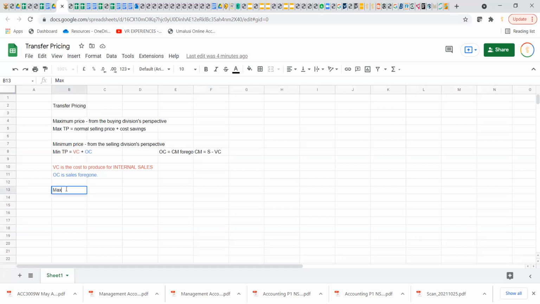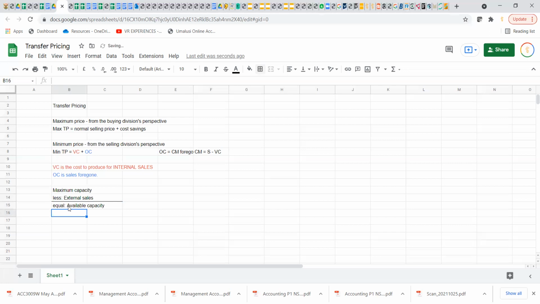Maximum capacity, less external sales, and this will equal available capacity.